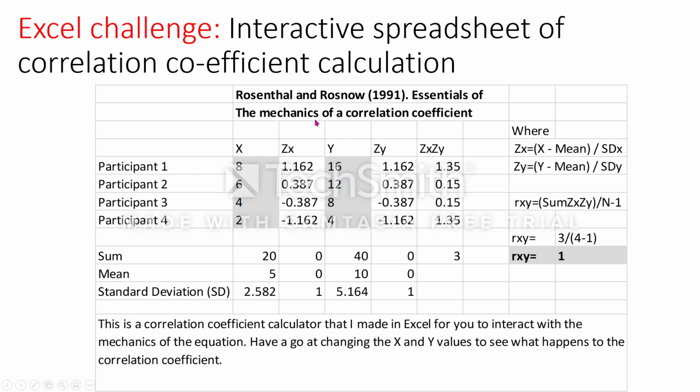And what's interesting, once you create your own interactive correlation coefficient calculator, you can start adding in different numbers here and seeing how this R-square changes. And so ask yourself questions like, why is the number always between -1 and 1? Well, by plugging in numbers into these columns here and looking at the different changes, you will be able to start to see that relationship.